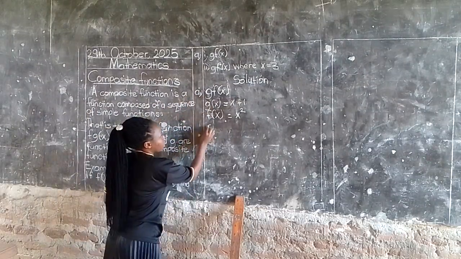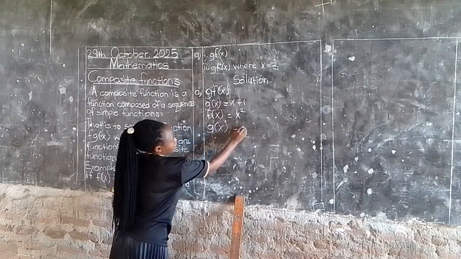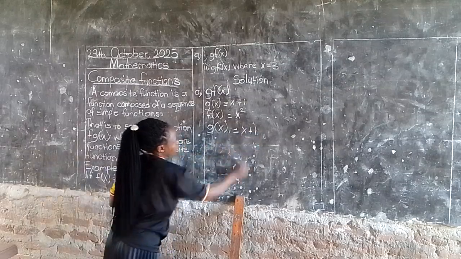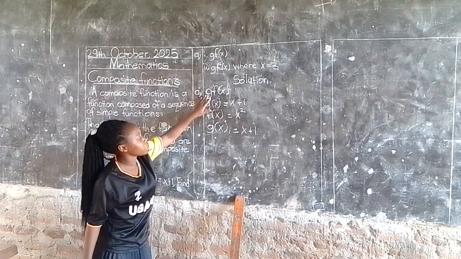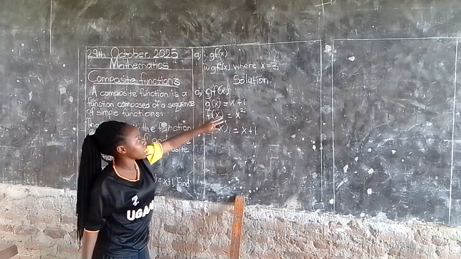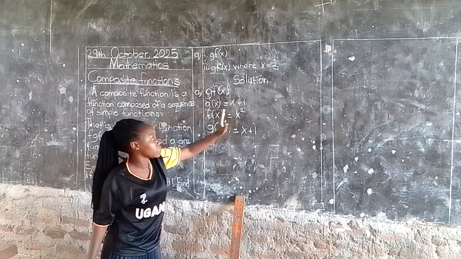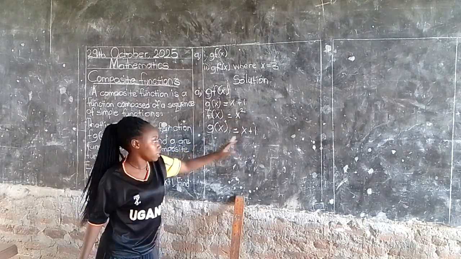So our g of x equals x plus 1. But they are asking us to find g of f of x. So our f of x is x squared. We are going to bring this x squared and substitute it where there is x. Here we go.